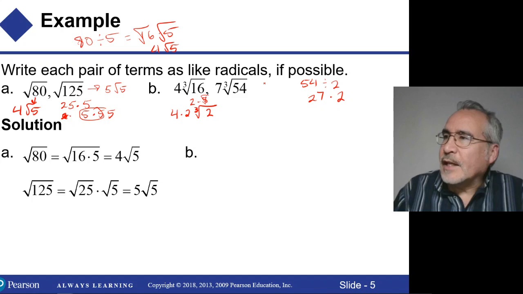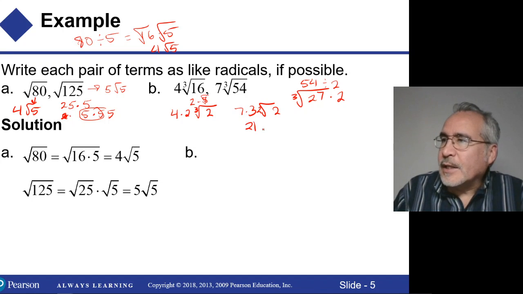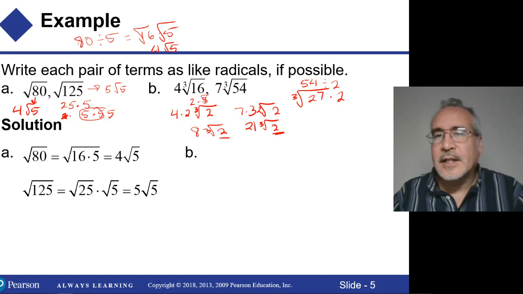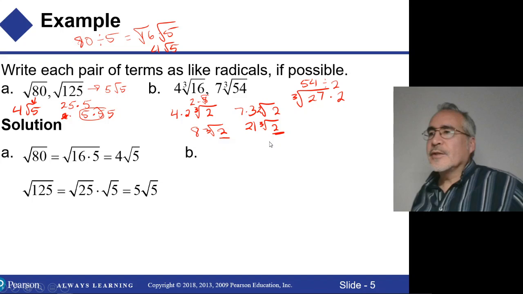So 27 times 2 is 54. And we recognize that 27 is one of our perfect cubes. It's 3, so that's going to come out. So we've got 7 times 3 cube root of 2. So this one becomes 21 cube root of 2, and this one becomes 8 cube root of 2. But the important part is now they are like terms, so if we needed to add or subtract them, we could do that, right?